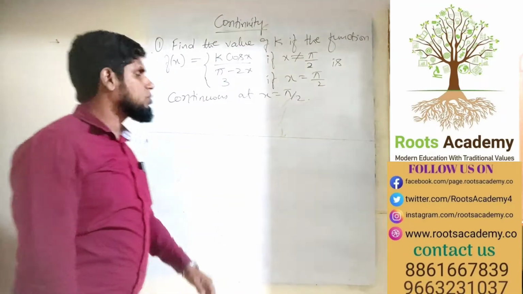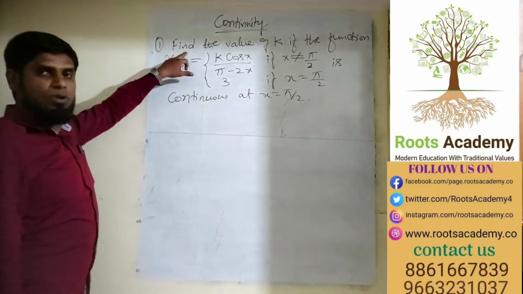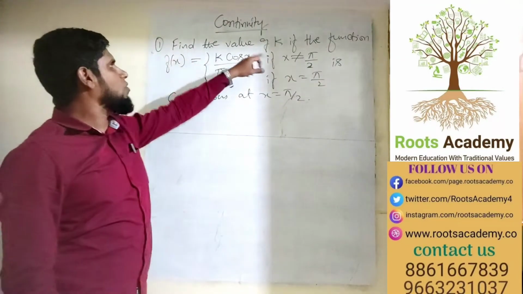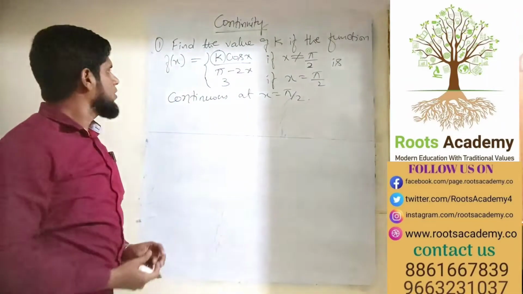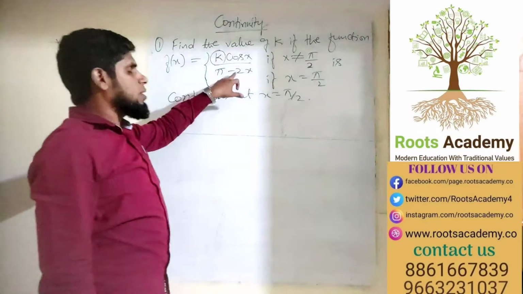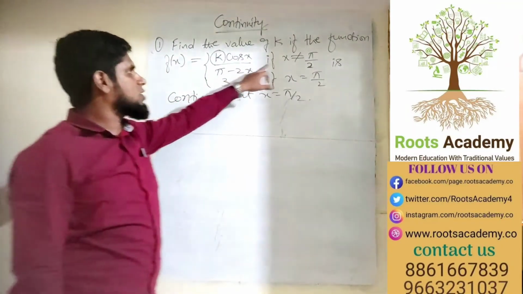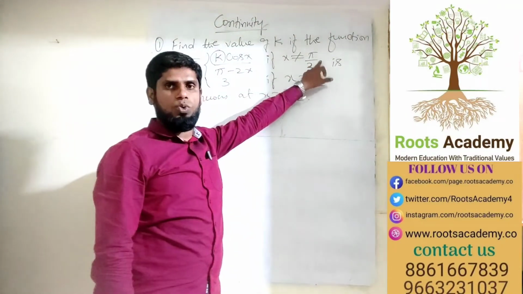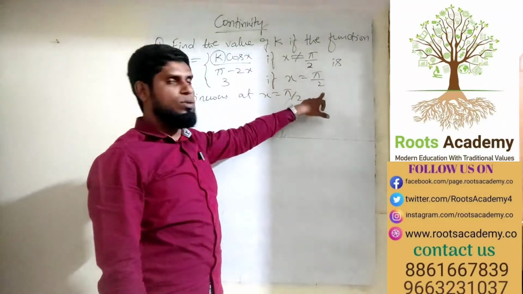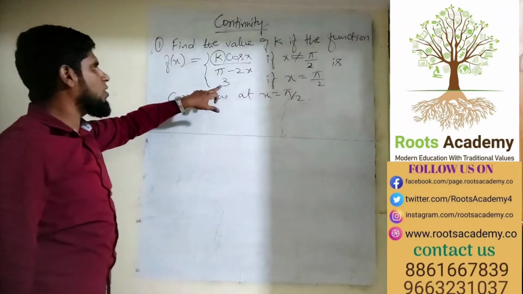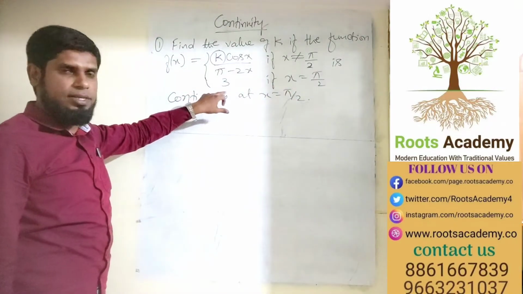Very important question it is. This question is asking us to find the value of k. This k we should find when x is not equal to pi by 2. And when x is equal to pi by 2, the function is 3.